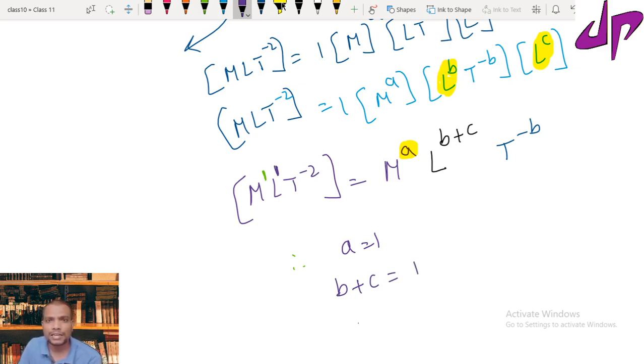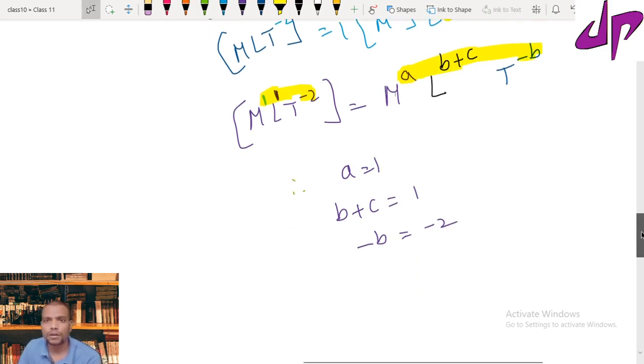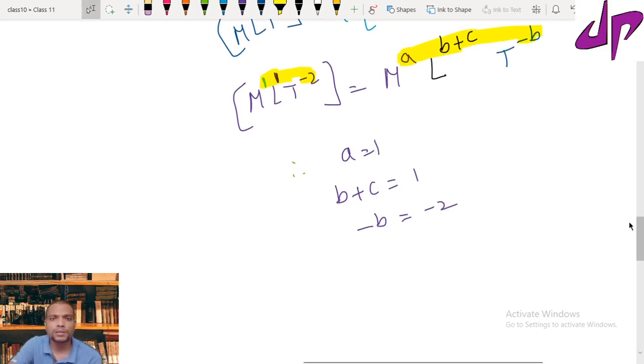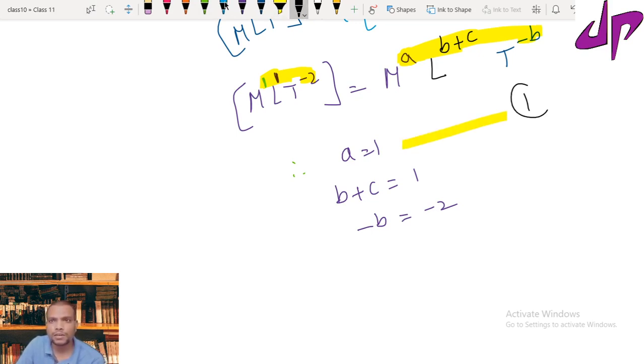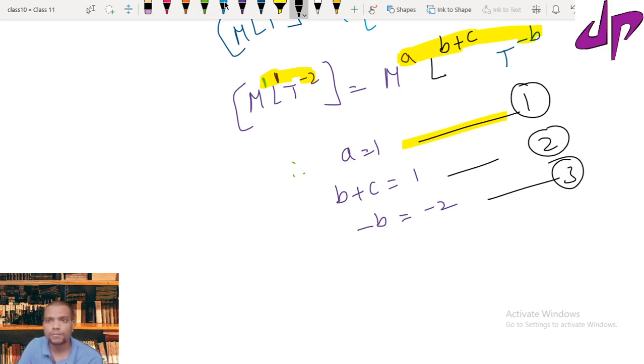And for the third, minus b equals minus 2. So here we compare the 3 powers on one side with the 3 powers on the other side. Let me take these as equations 1, 2 and 3.